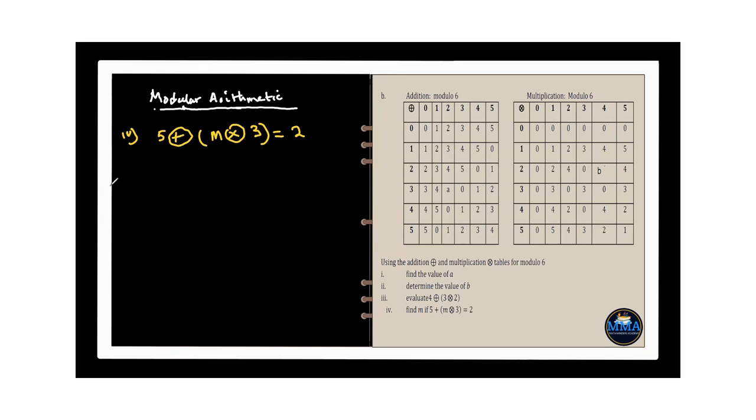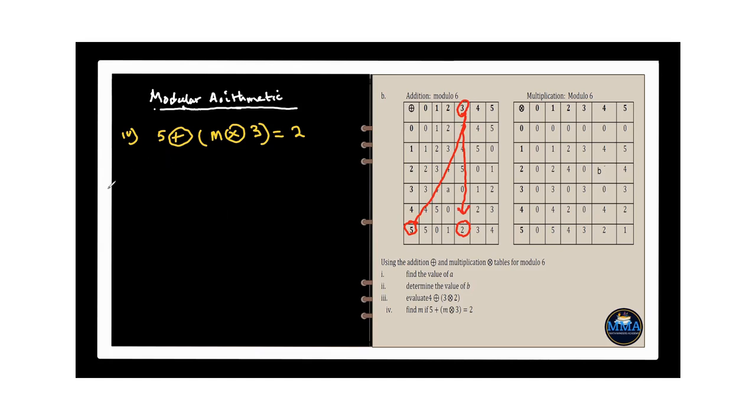Now, let's go to the table of addition and see where do we have 2 when we add something to 5. Look at it, 5 plus something gives us 2 here. Look at 2. That is 5 plus 3 gives us 2. 5 plus 3 gives us 2.